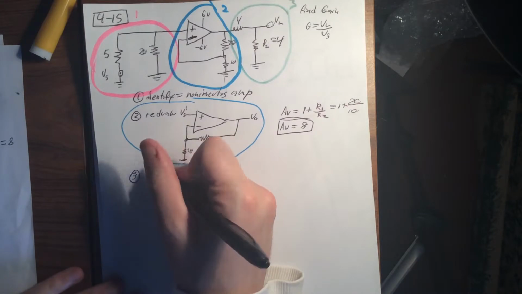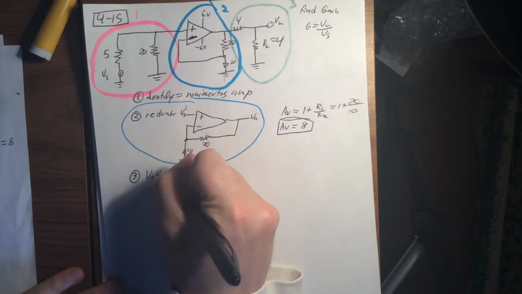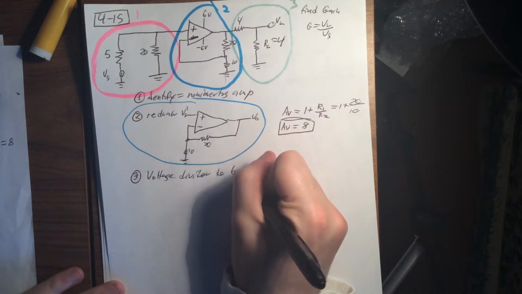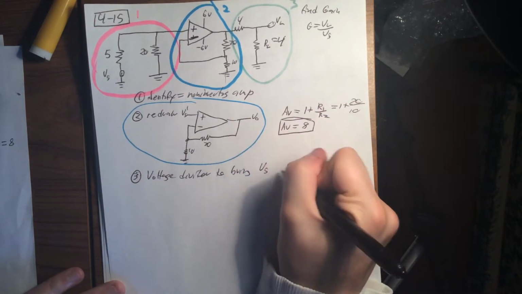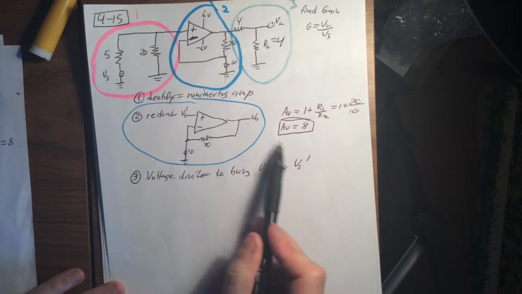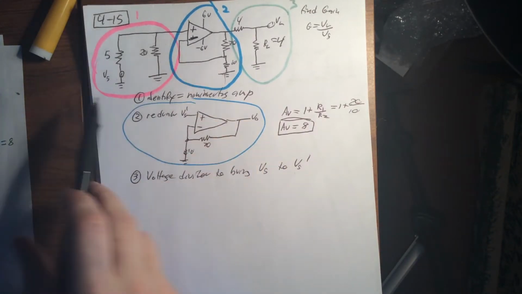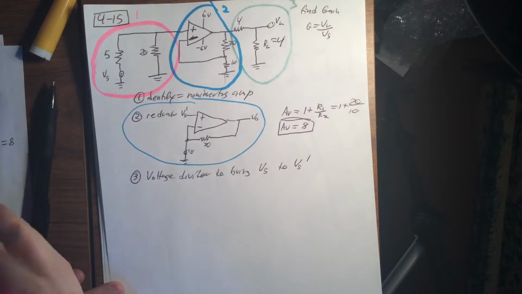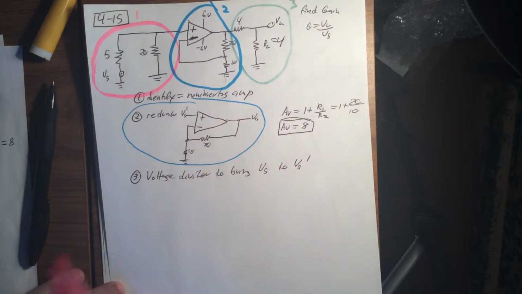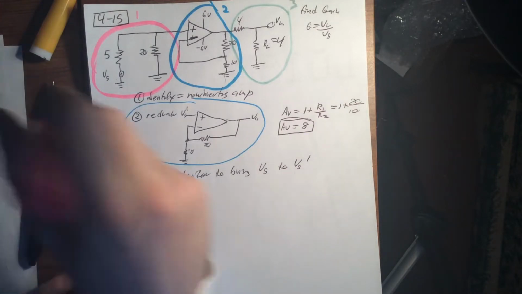We need to do a voltage divider to bring Vs to Vs prime. So again, now we've got to simplify all of this stuff in the front. So this is our pink section.